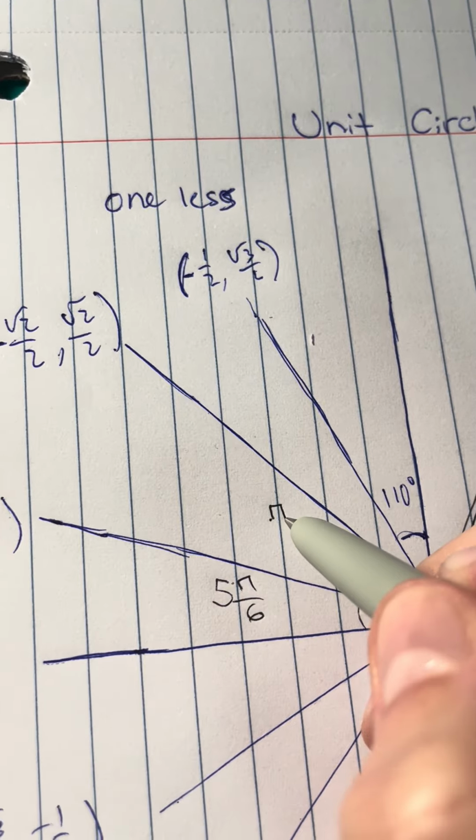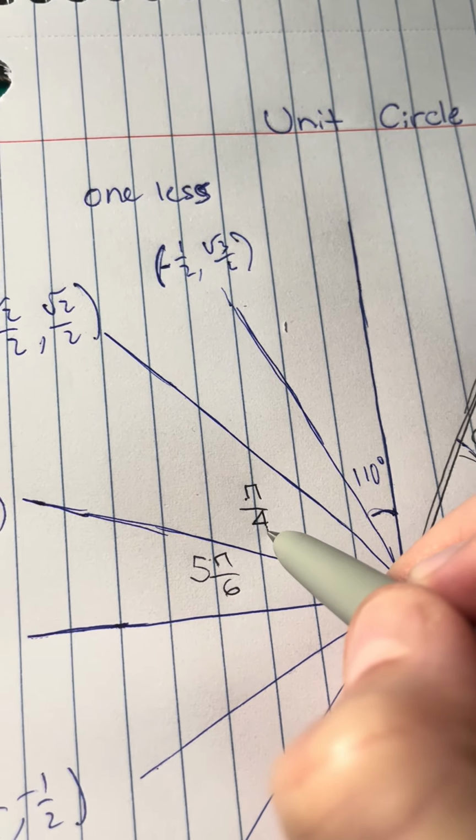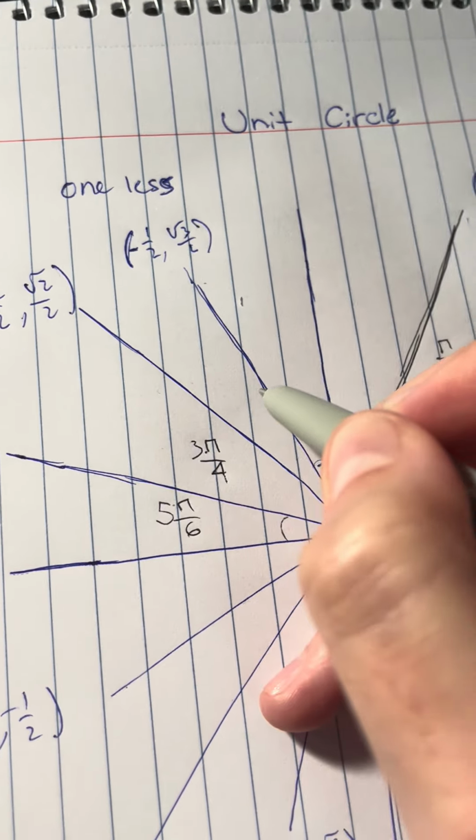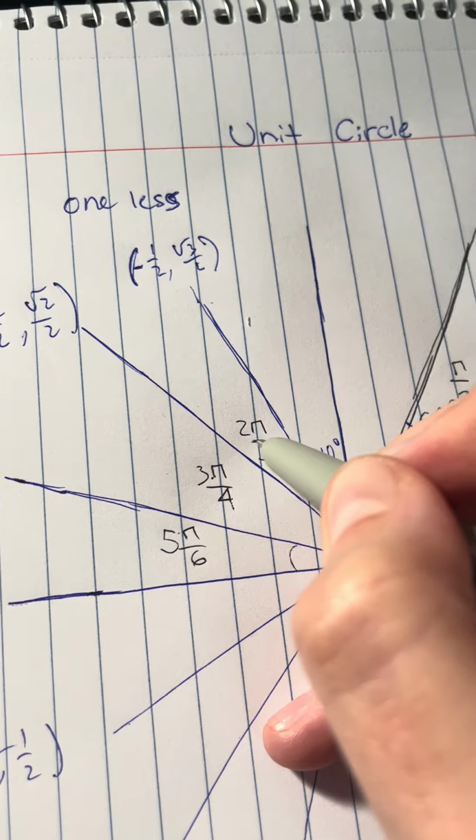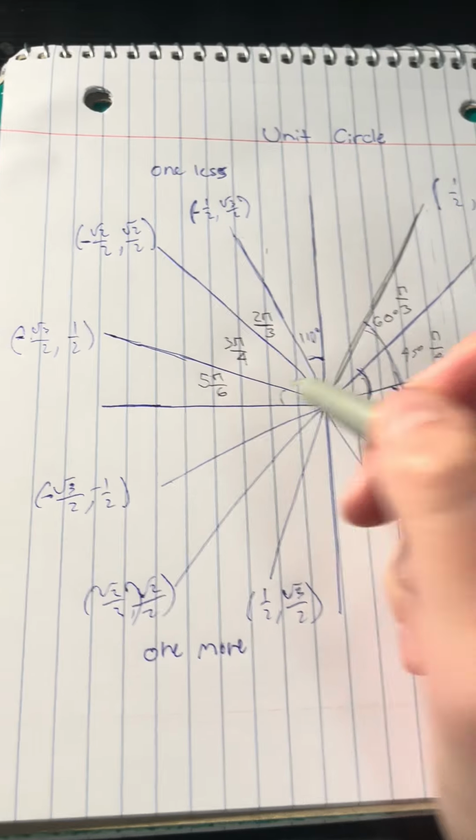The 45 is pi over 4, and 1 less is 3. The pi over 3 becomes 1 less, which is 2. So those are the radian values for here.